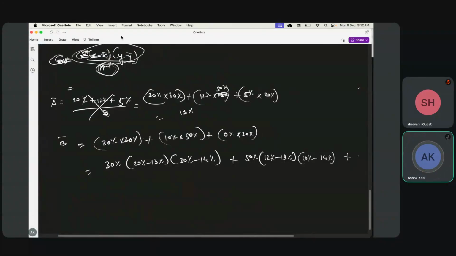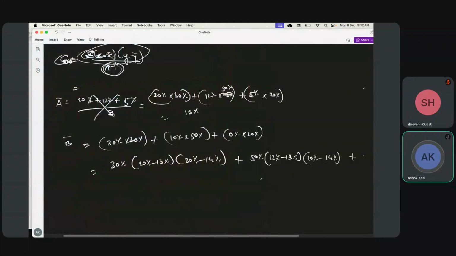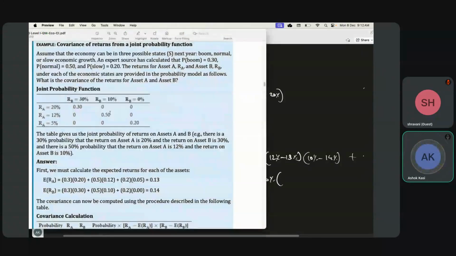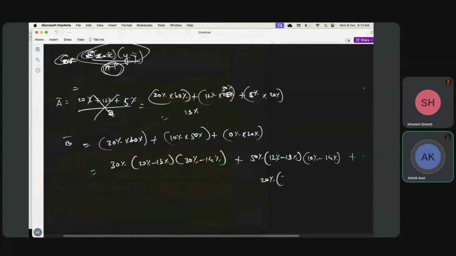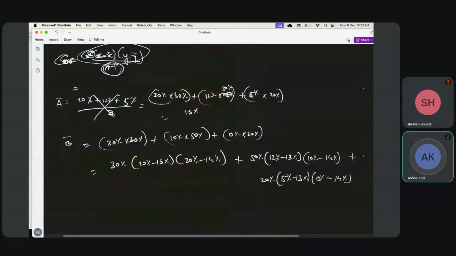Plus 20 percent into x minus x bar, 5 percent minus 13 percent, into y minus y bar, where y is 0 percent.